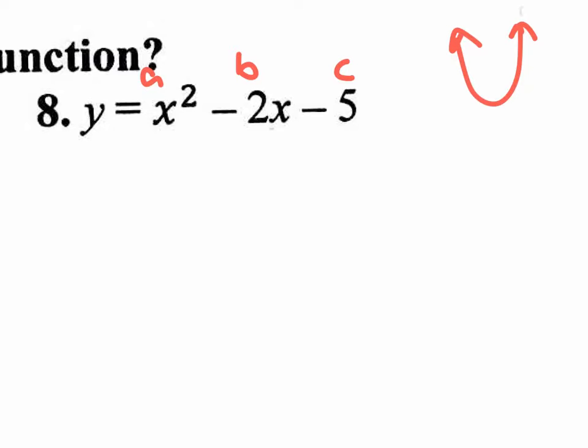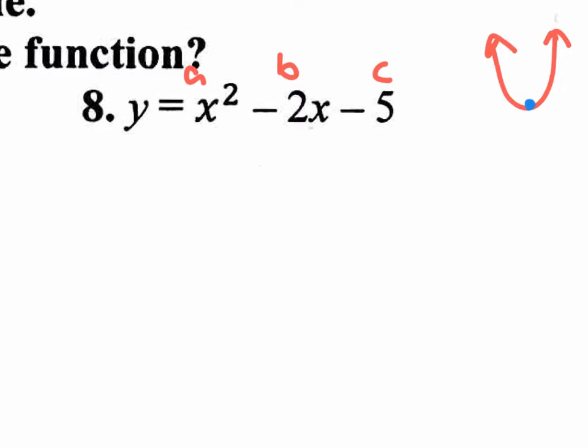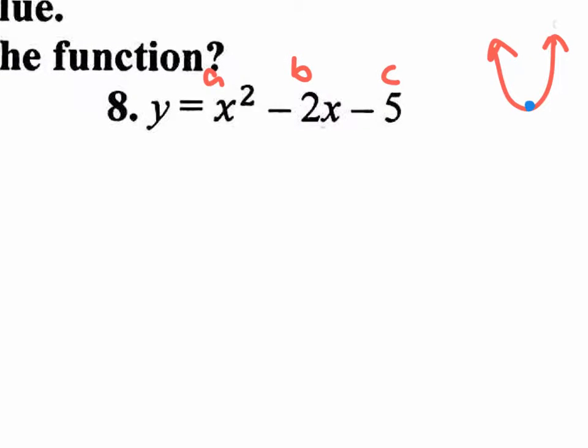If it does open up, it means that this is a lowest point, which is what we call a minimum value. So the first thing that they ask for, part A, says, is it a max or a min? We're going to say it's a min value. Why is it a min? Because the a value is positive, which means that it opens up, which means that you end up with a minimum value. So that's a min value.